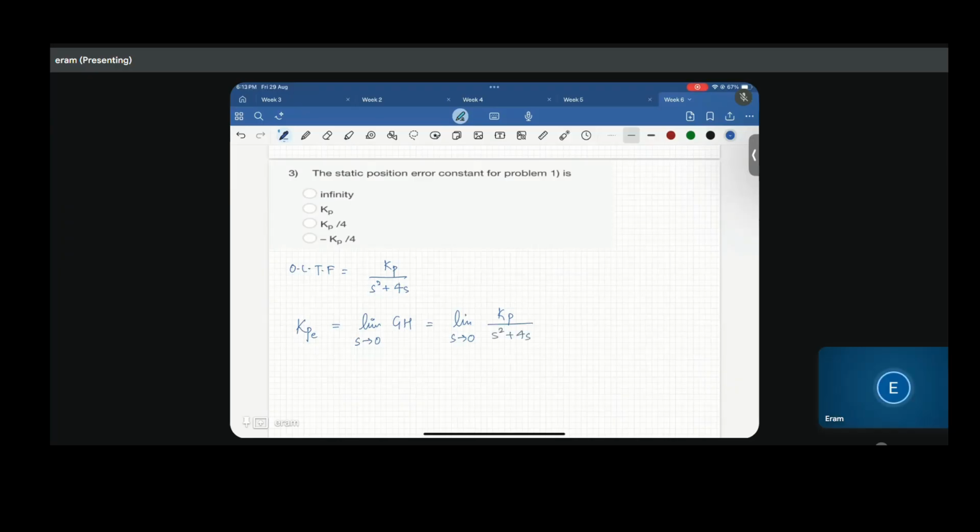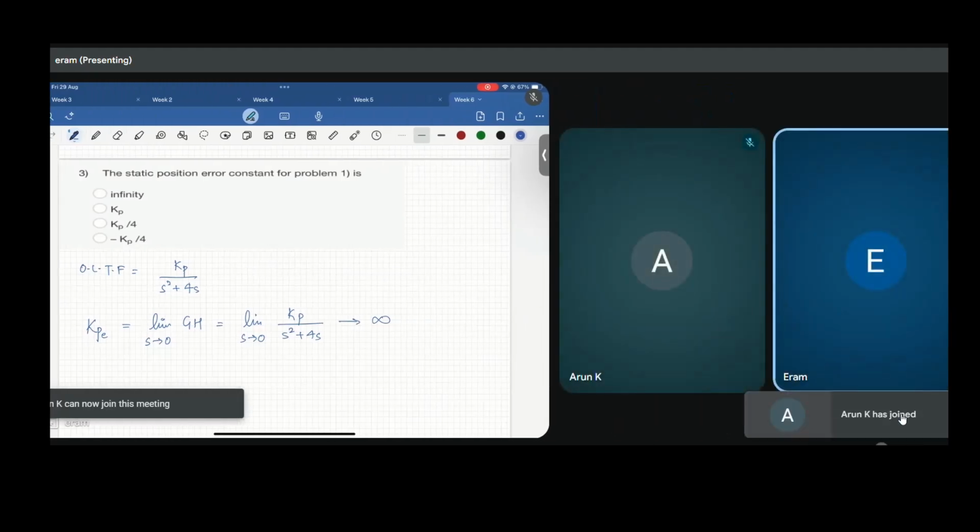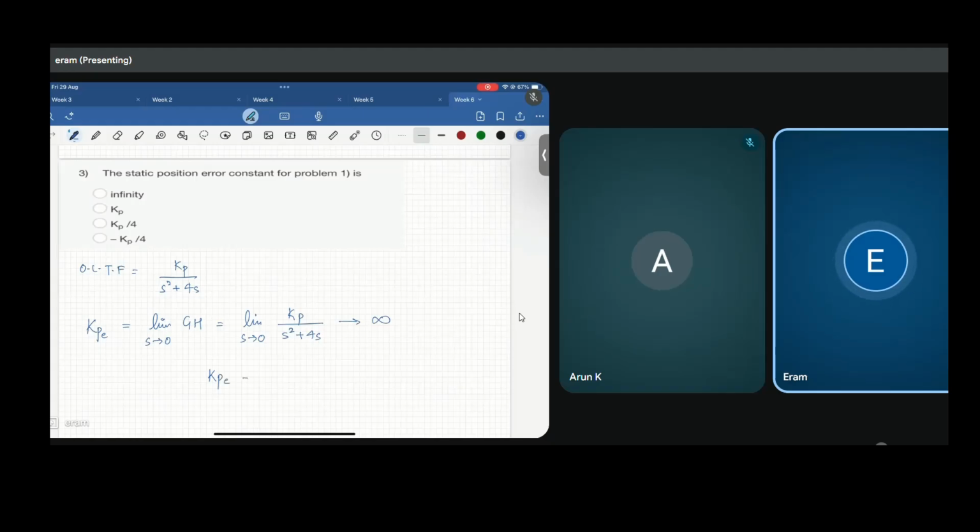Now if we put s equals to 0, this term will tend to infinity. Therefore, the static error constant in this case will be infinity.